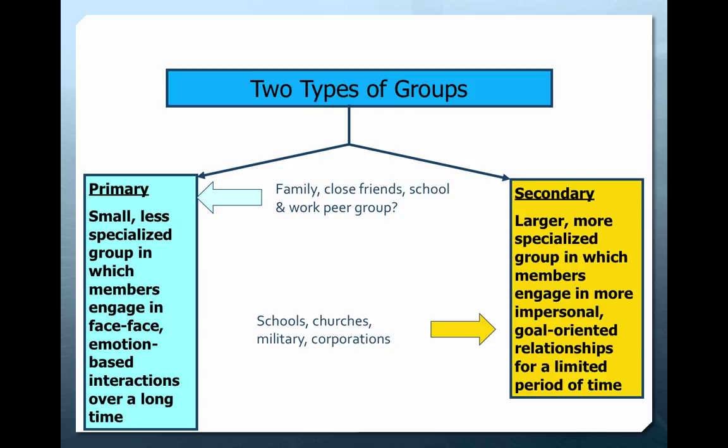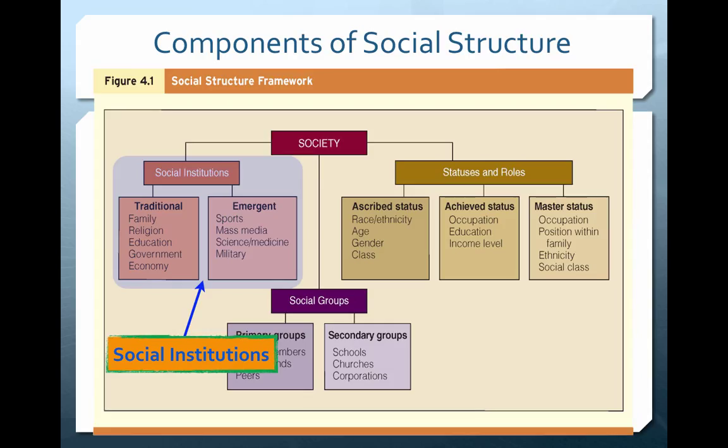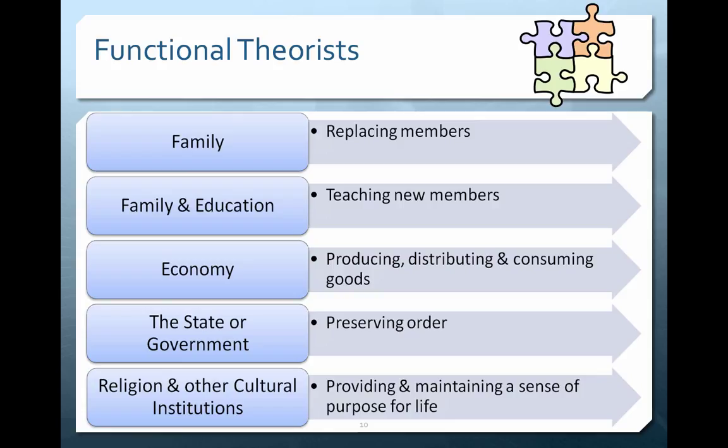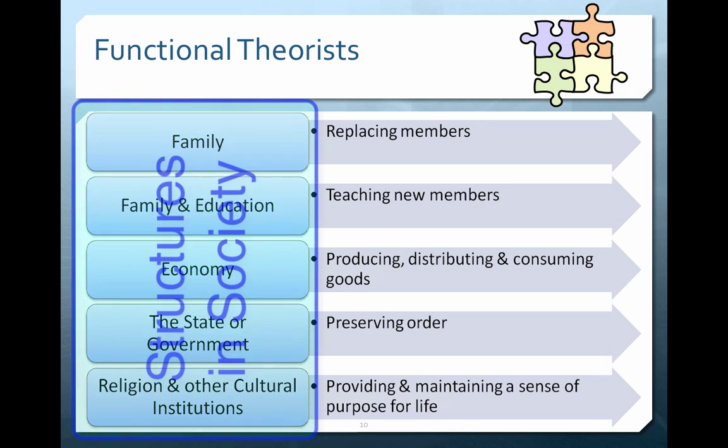Now we'll look at a couple of theories again, just in terms of groups. First of all, just to remind you, the social institutions are typically family, religion, education, government, and economy as being the traditional ones, but then we have others that have emerged. Now the functionalists look at the role of the family group, and what effects these social structures and institutions will have on family, education, and the economy.